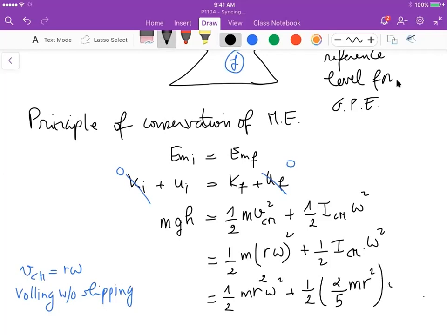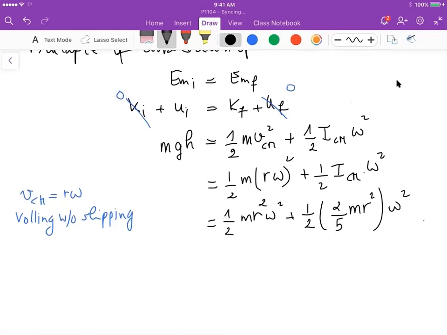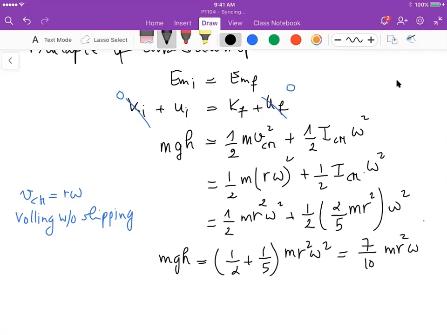All of this multiplied by omega squared. So we end up with mgh equals 1 over 2 plus, from the second term, 1 over 5, all of this multiplied by m r squared omega squared, which is a common factor. This gives 7 over 10 times m r squared omega squared.